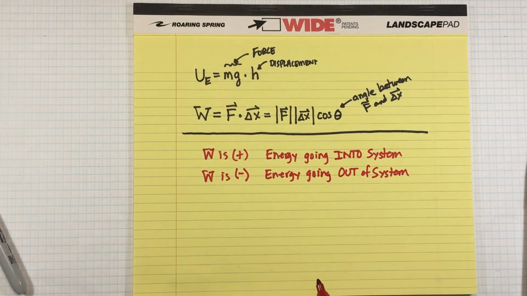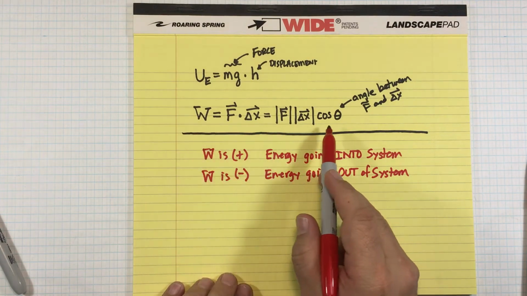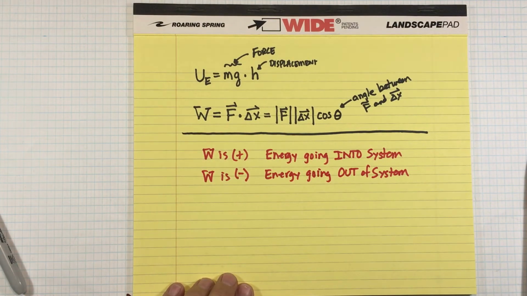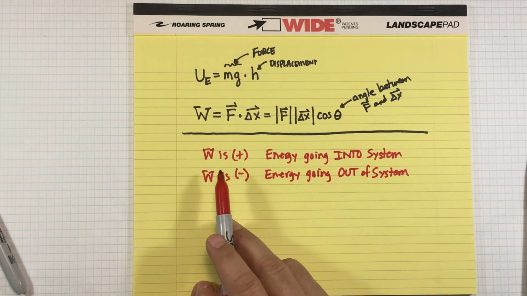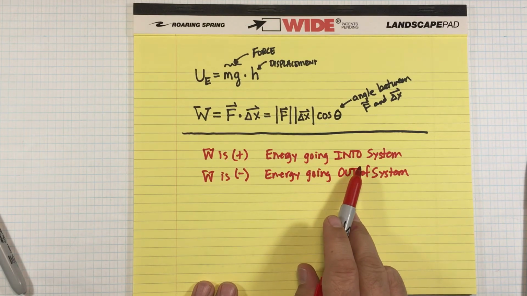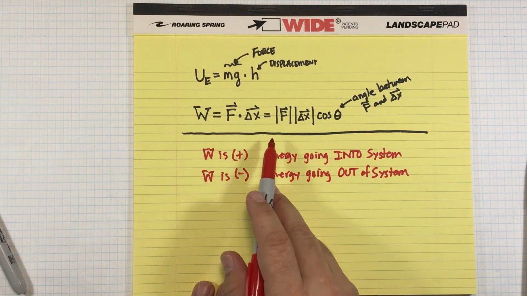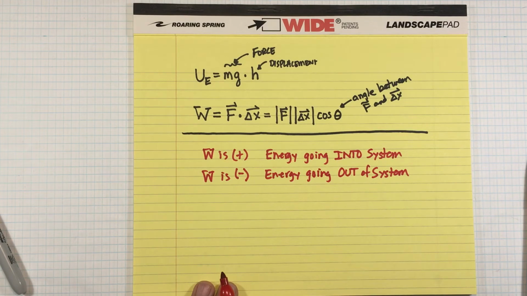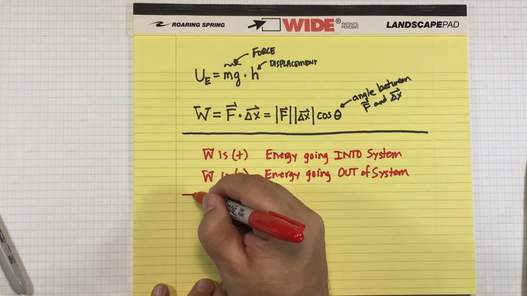Okay, so that definition then, if I use it in tandem with our definition of work up here, what we can do is we can look at under what conditions is energy being put into a system by a force, or under what conditions is energy being taken out of a system by a force.